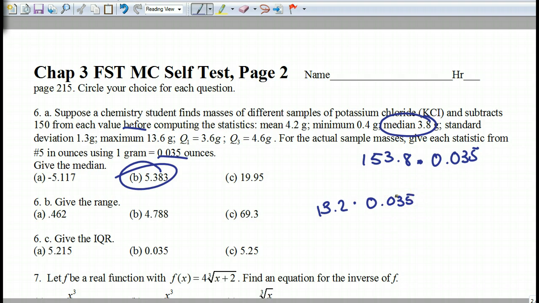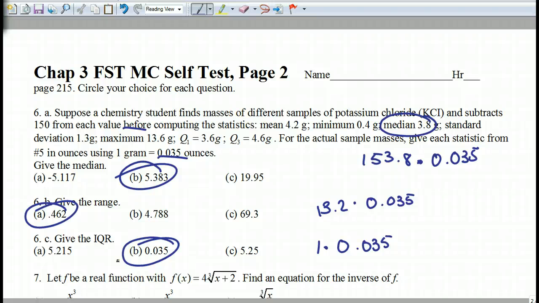Okay? You should have gotten 0.462. Same thing with the IQR. We had 1 before. So if I multiply that by 0.035, I have this. Okay?